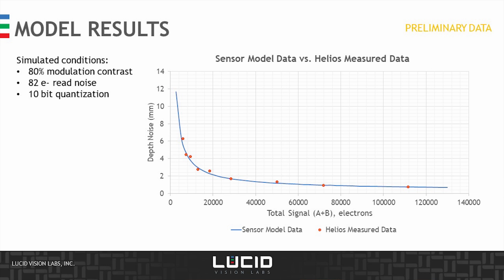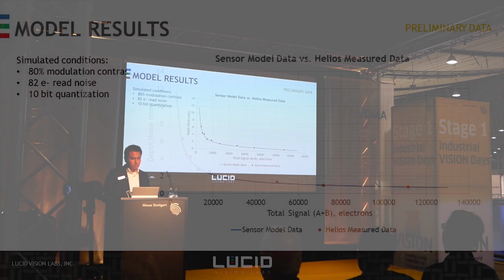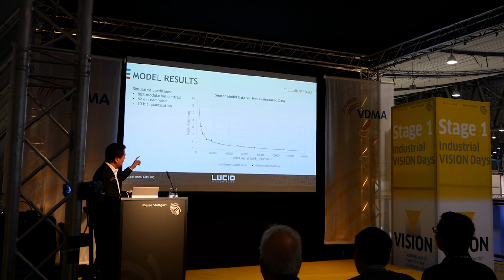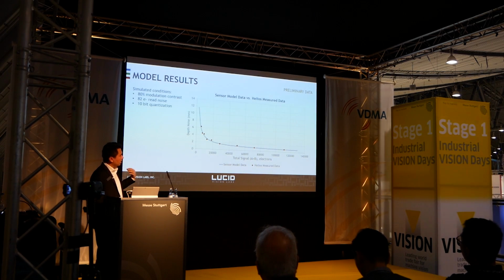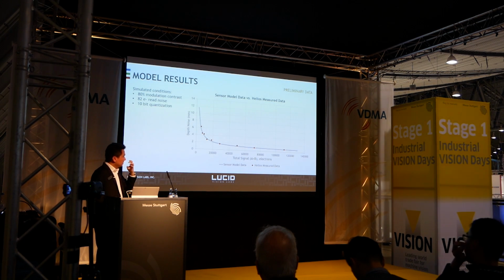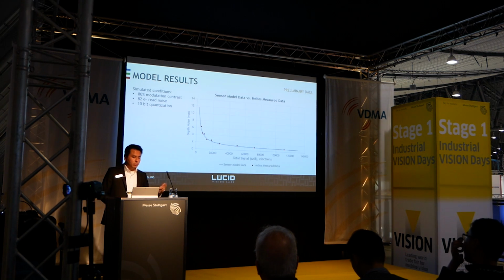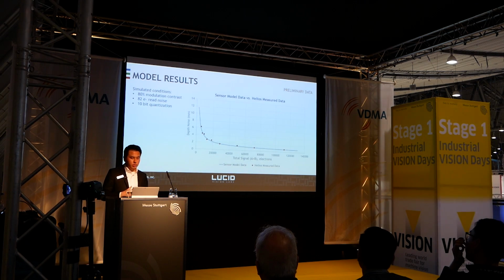So we're actually hitting the theoretical maximum that we think we can hit using the sensor. What this also shows is that on the x-axis, you have more electrons. So as you collect more light, your precision isn't getting any better. You're flattening out at about 1 millimeter. So in order to improve that performance even more, you would potentially need a much bigger pixel.